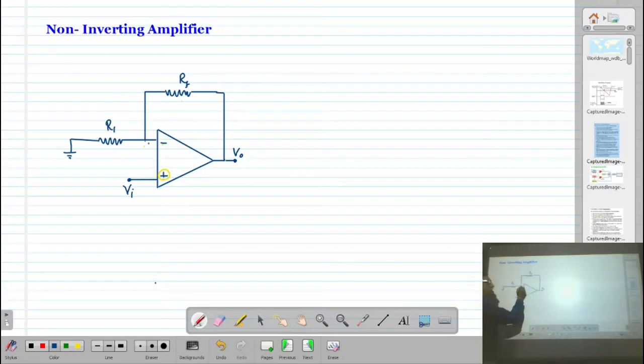Whatever the voltage will be here, that voltage is in series with your input voltage. So the non-inverting amplifier is an example of voltage series feedback. Remember. Correct?